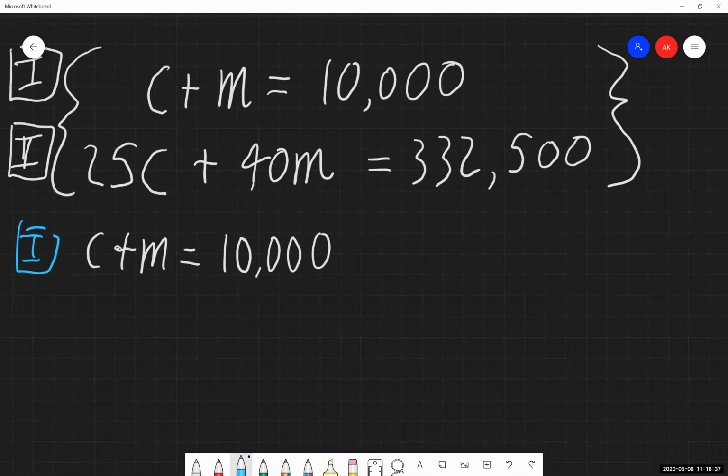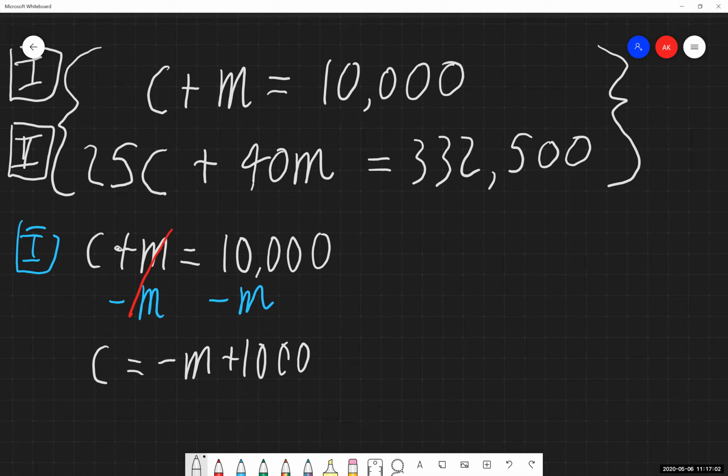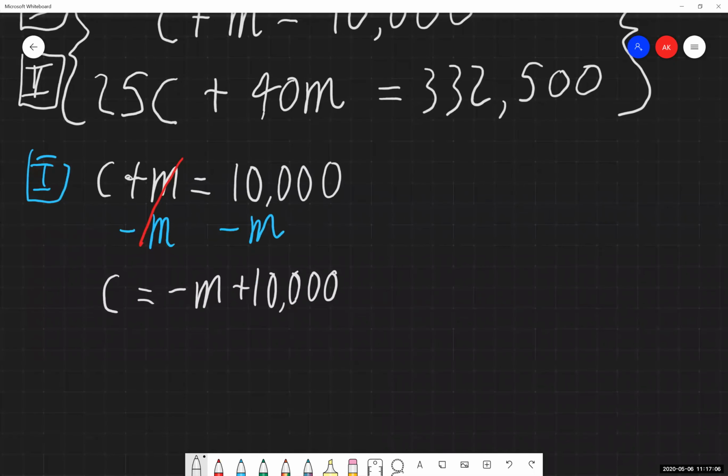Say I want to get C all by itself on the left-hand side of this equation. Well, to do that, I'm going to subtract M from both sides. And when I do that, on the left-hand side, the M's cancel. And on the right-hand side, I'm getting negative M plus 10,000.